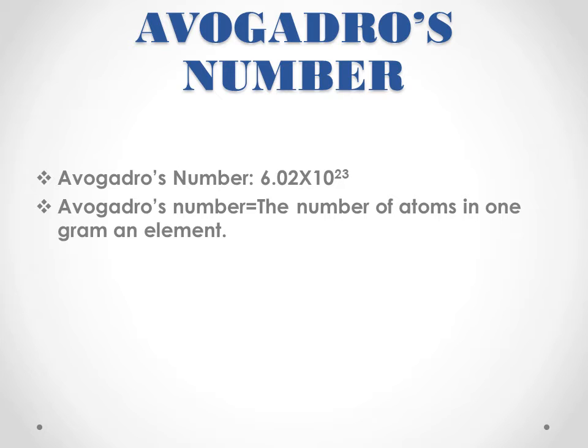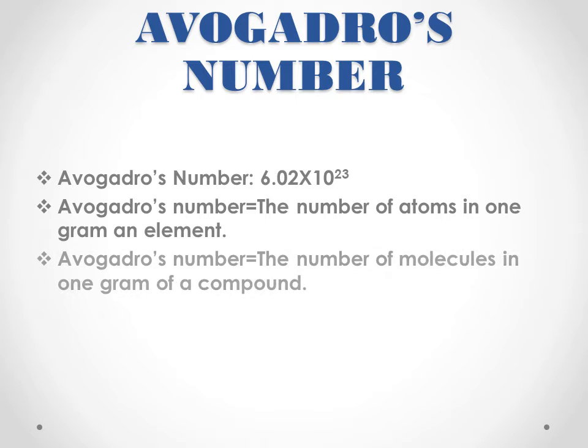How can we explain this? If Avogadro's number is 6.02 times 10 raised to the power 23 atoms, then that is equal to the number of atoms in 1 gram of an element. If we express Avogadro's number in terms of molecules, then we say Avogadro's number is equal to the number of molecules in 1 gram of a compound.